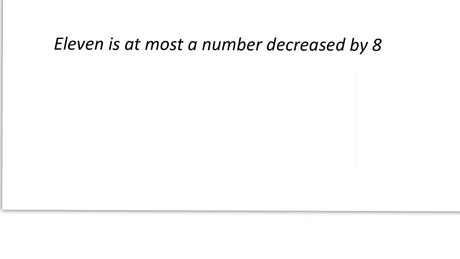Now the next one says 11 is at most a number decreased by 8. So we know that we need 11 and is at most. The keywords at most mean less than or equal to. For this one, I'm going to use p for the number, and we have decreased, so that's going to be minus: you decrease, you subtract 8.